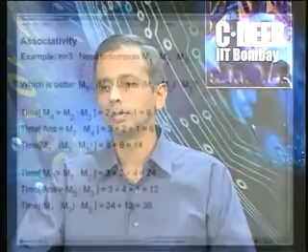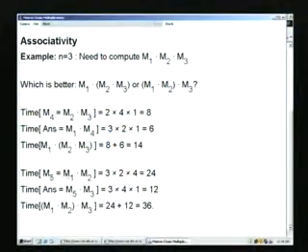Another possibility is to first form M1 times M2. So, we compute M5 equals M1 times M2. Remember that M1 was a 3 by 2 matrix and M2 was a 2 by 4 matrix. So, the total time to calculate M5 is equal to 24. The answer now can be obtained by multiplying M5, which we calculated, by M3.